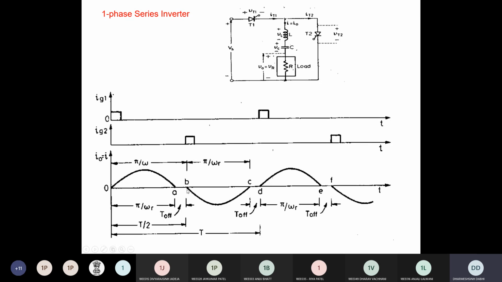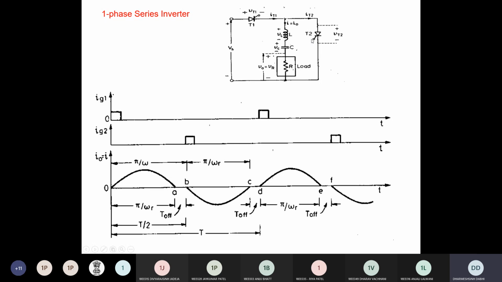At instant B, you can see that Ig2, the gate pulse, is applied to thyristor T2, so T2 turns on. At the same time thyristor T1 is turned off by the commutating capacitor, because from 0 to A, when T1 is conducting, the capacitor is charged, with current flowing in the clockwise direction, upper plate positive, lower plate negative. You can see the polarity in this figure.